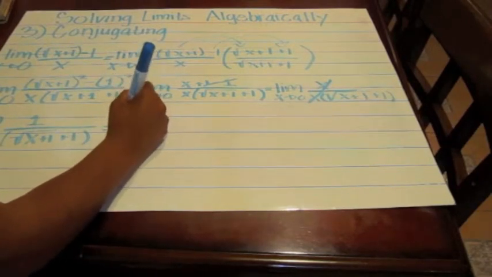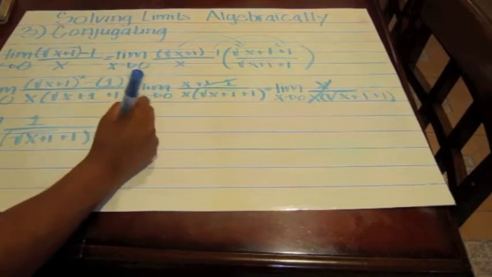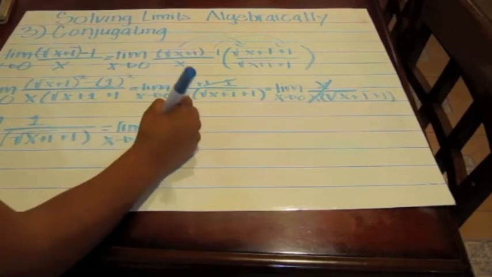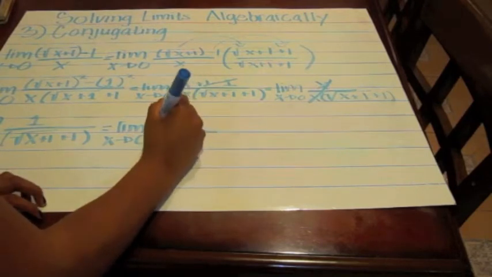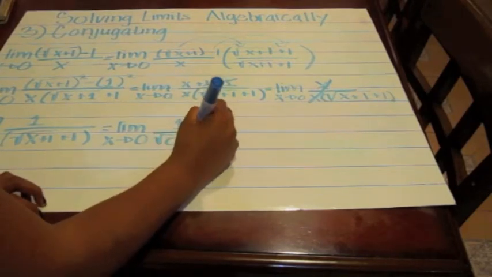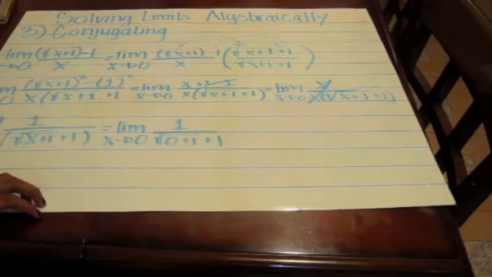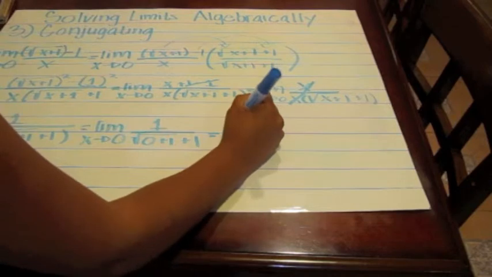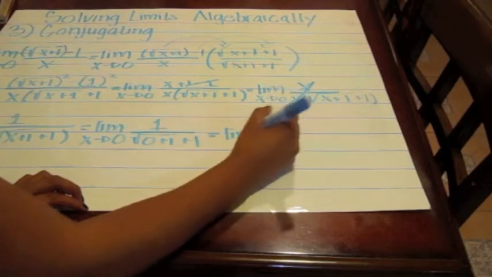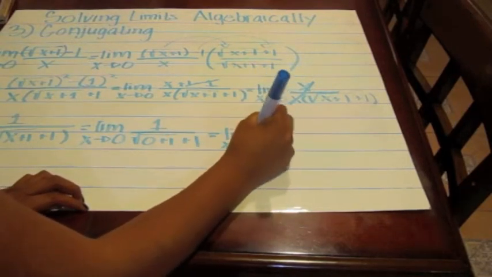Now what we want to do is substitute, which is the first method. We plug in our 0 wherever we see an x. So we get 1 over the square root of 0 plus 1 plus 1, and the square root of 0 plus 1 is simply 1.